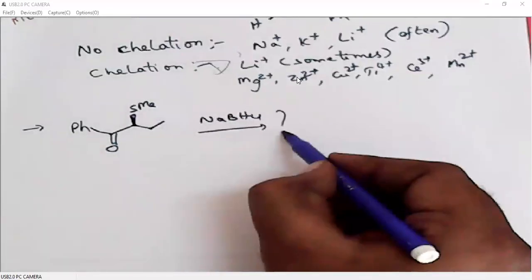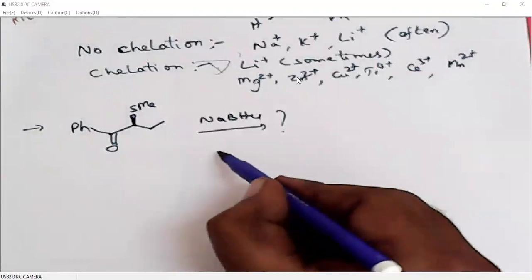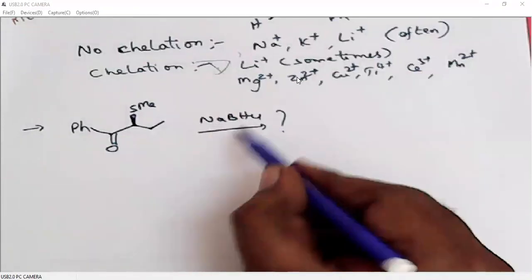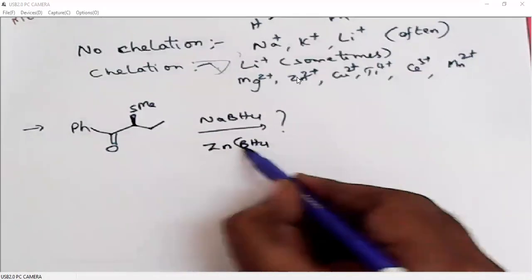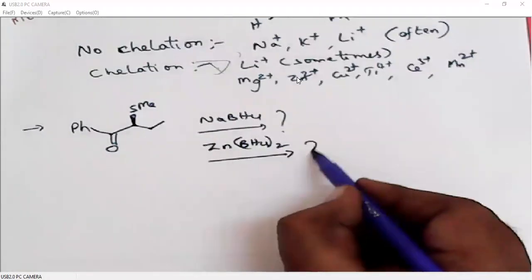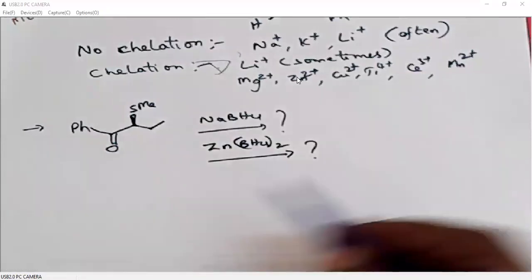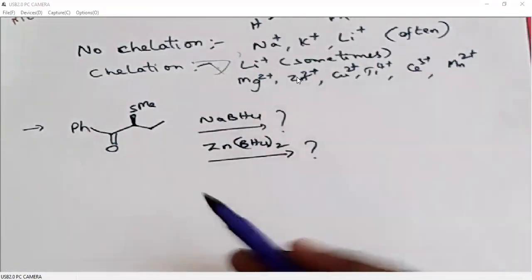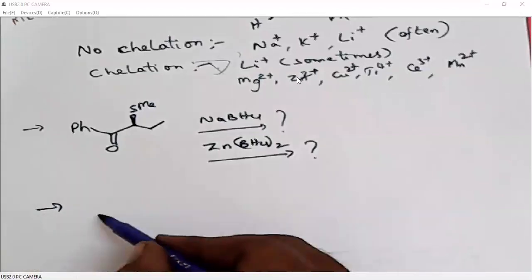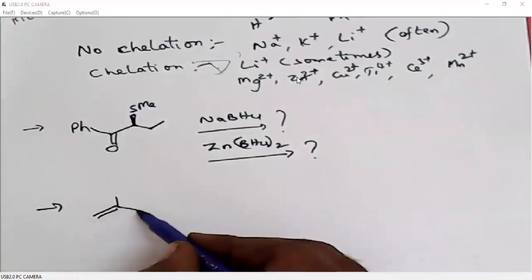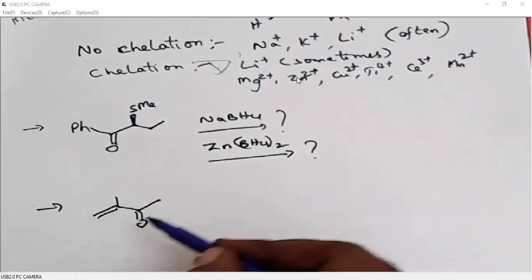So what is the product? Write the major product when we reduce it with sodium borohydride, and the major product when we reduce it using zinc borohydride. Similarly, I'll give one more example. You practice them.